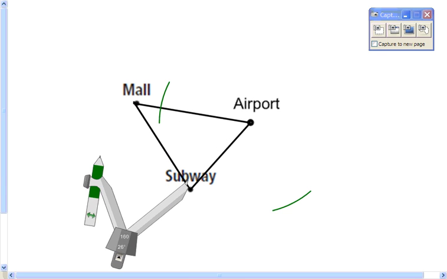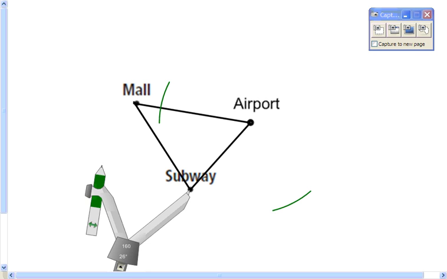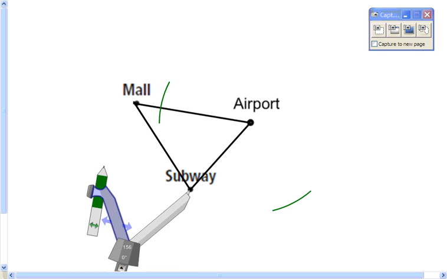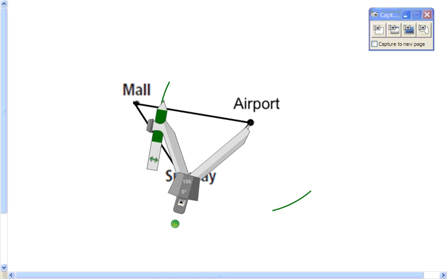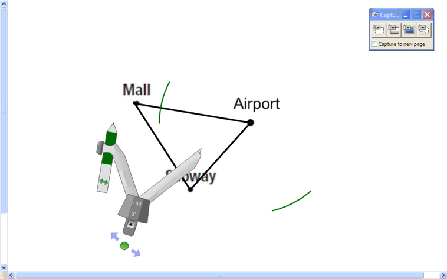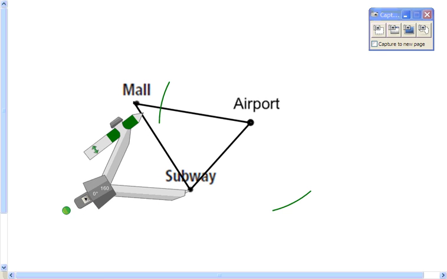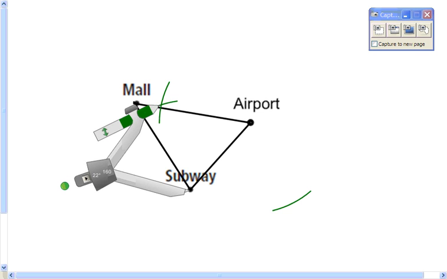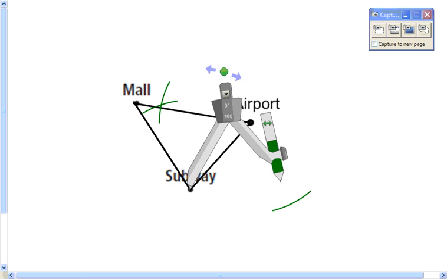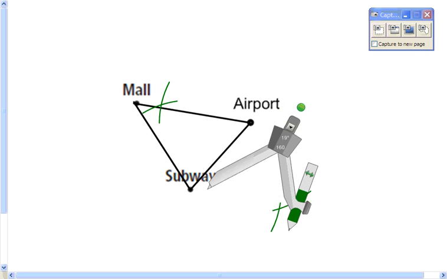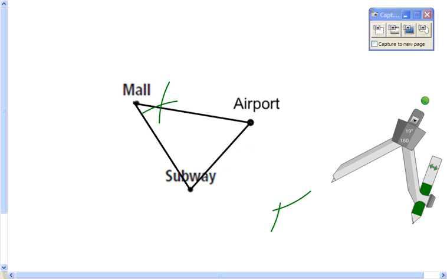My compass. There. There. I'm going to draw a line that goes.